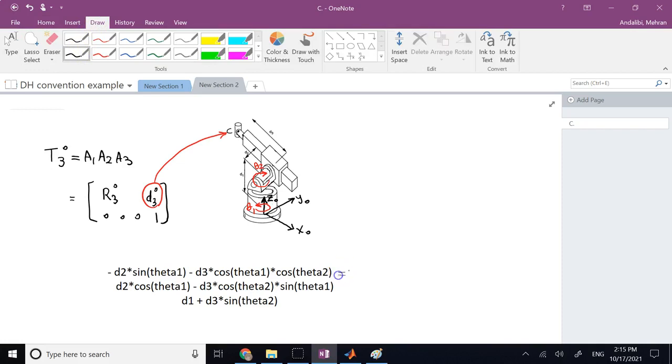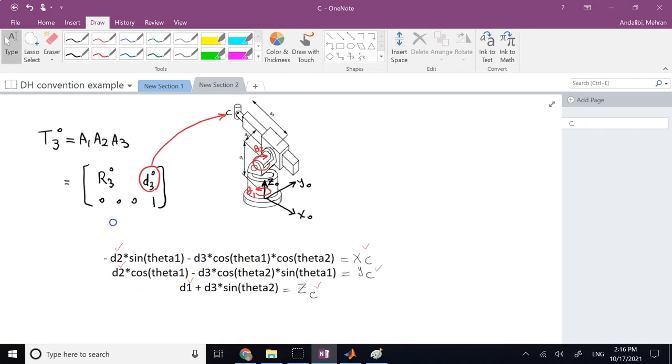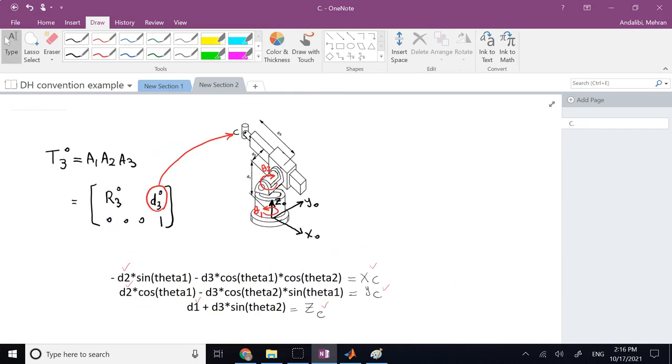This is equal to x of c, this is y of c, and this is z of c. Just remember that D1 and D2 are known. XC, YC, and ZC are known. Theta 1, 2, and D3 are not known. So the question is, can I find any of them directly from any of these equations? The answer is no. Each equation involves more than one unknown.